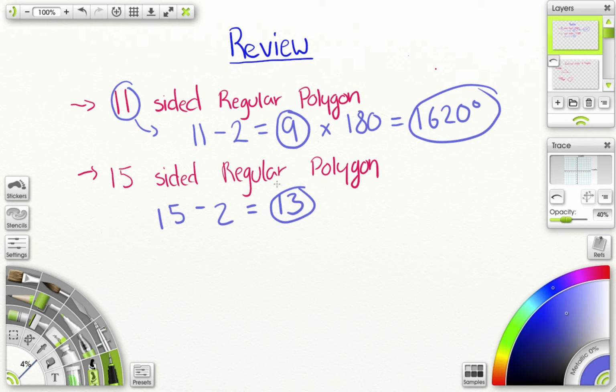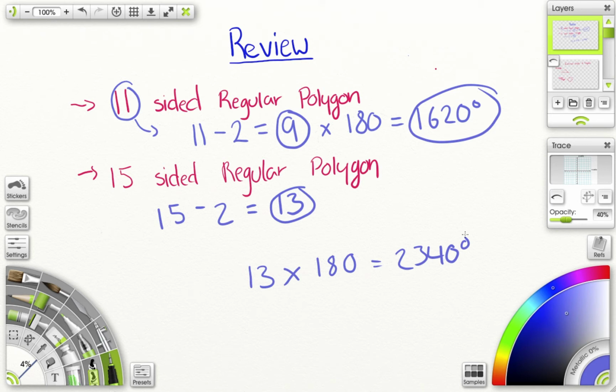I take my 13 and I multiply it by 180. And this gives me 2,340 degrees. So if I have a 15-sided regular polygon, as in every side is the exact same length, the sum of all the angles would be 2,340 degrees.